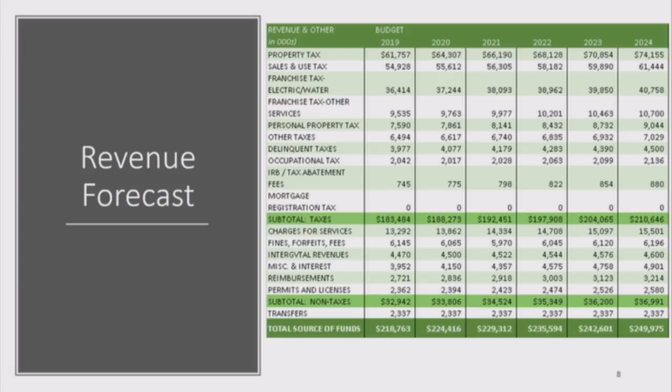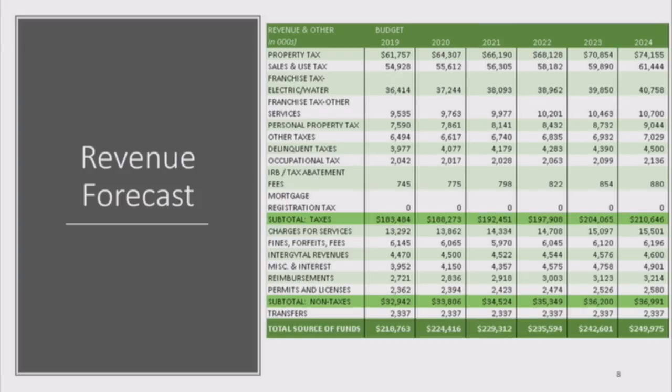You can see that in 2020, we have total revenues at $224 million, and that's about an increase of 2.6% or $5.6 million over the 2019 budget amounts.